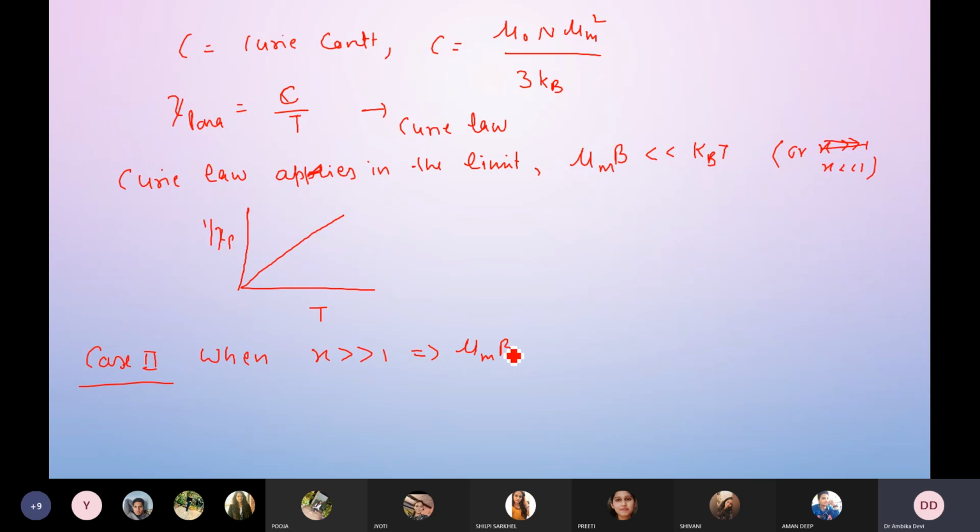So if x is greater than 1, it means that mu m B divided by kb T is very much greater than 1. This means that mu m B is greater than kb T. Okay, which means that either the temperature is very low or the magnetic field is very large.